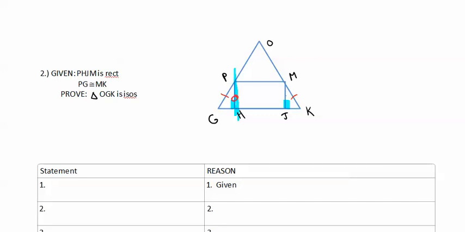So PH is congruent to JM, but we also know, being a rectangle, that all the angles are right angles. Therefore, PHJ and MJH are going to be right angles. The reason we do this is that we can see that they're supplementary to the other angles within that triangle, which will help us prove congruence in just a few steps.